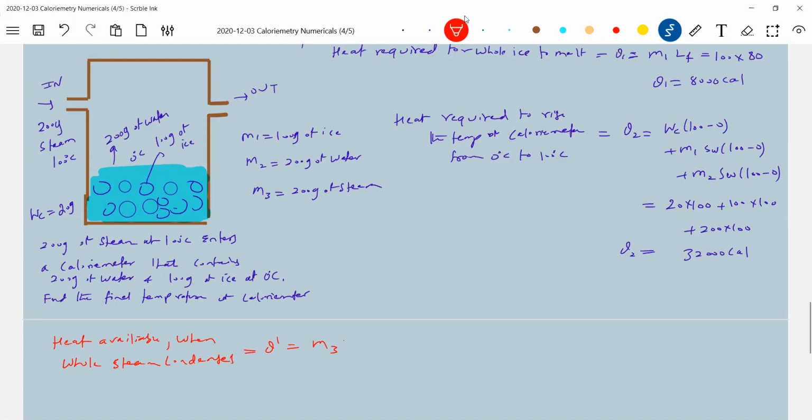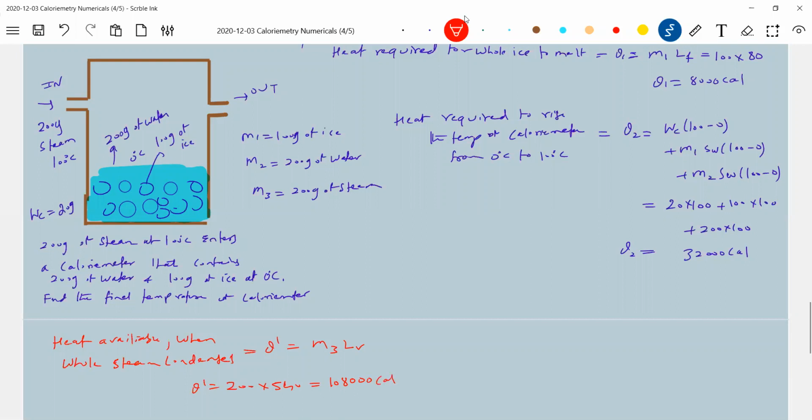This should be M3 into LV, so it is equal to 200 into 540, which is 1,08,000 calories available.